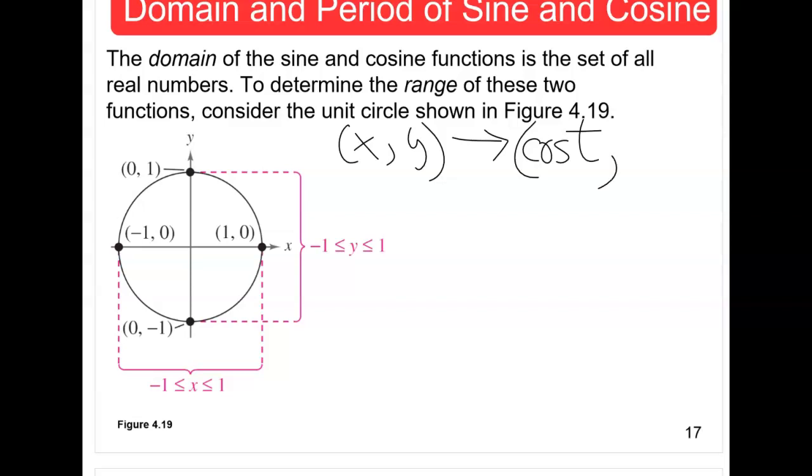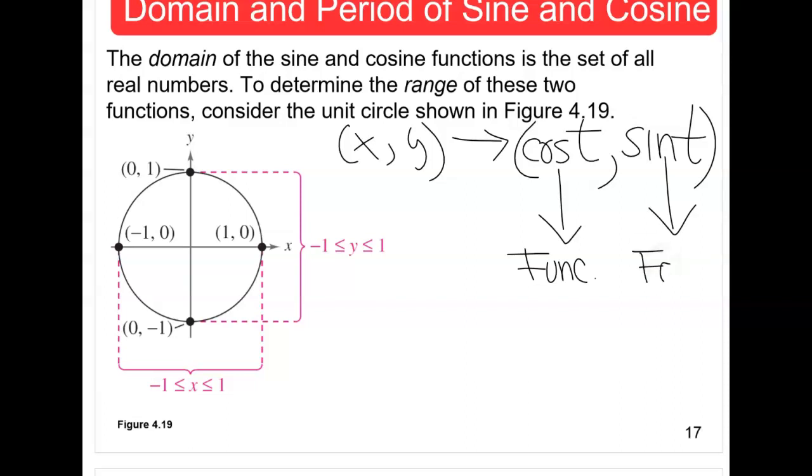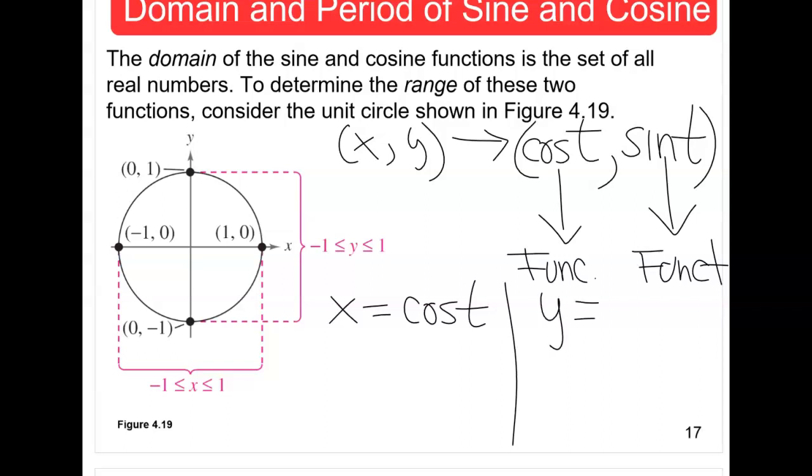We're calling it t, and the other one is called sine of t, that is the y coordinate. So for those two, if we were to consider this is a function and this is another function, we could say that x is equal to cosine of t, and we could also say that y is equal to the sine of t.